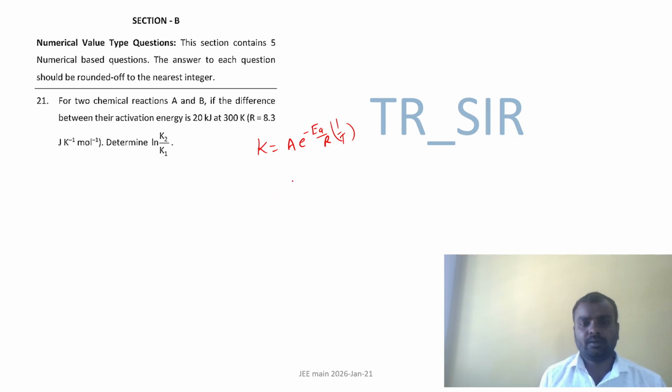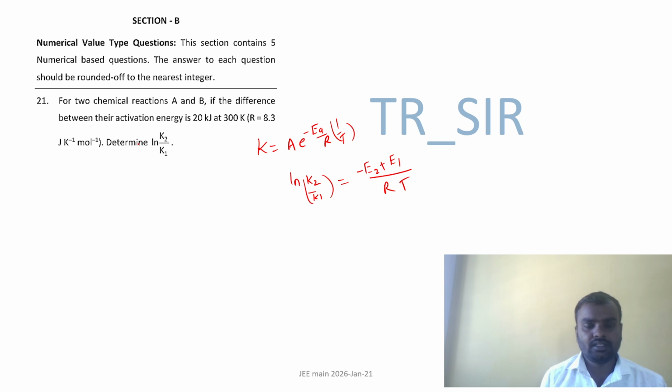If I take different temperatures, we can use this formula: ln k2 by k1 is equal to Ea by R into (1 by T1 minus 1 by T2).